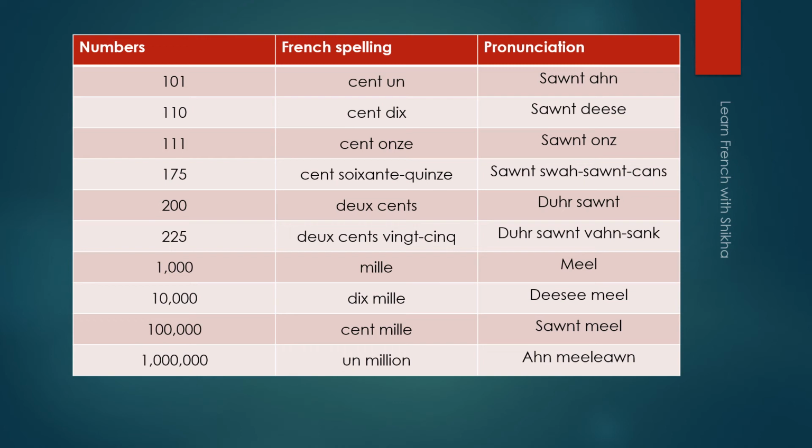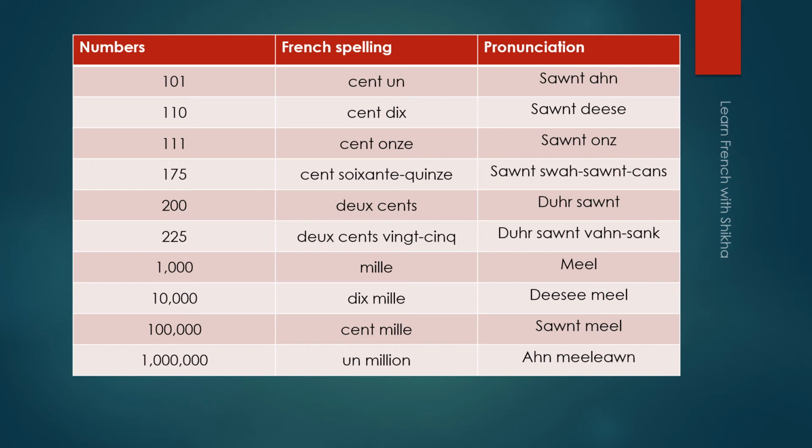That is cent dix. Cent is 100 and dix is 10. So cent dix becomes 110. 111 is cent onze. 100 plus 11. Cent onze, 111.